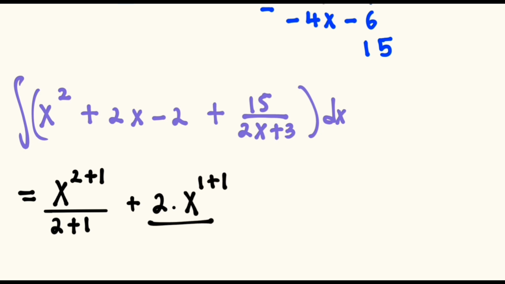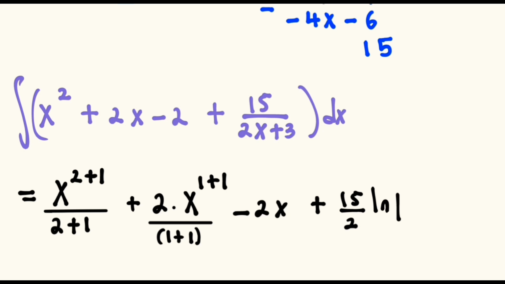This is divided by the 1 plus 1, and the integral of the negative 2 will be equal to negative 2x plus the integral of 15 divided by 2x plus 3, which will be equal to 15 divided by 2 multiplied by the ln of the 2x plus 3 plus our constant c.